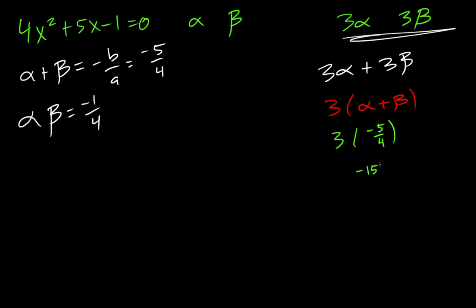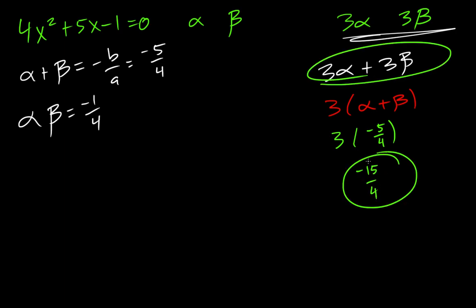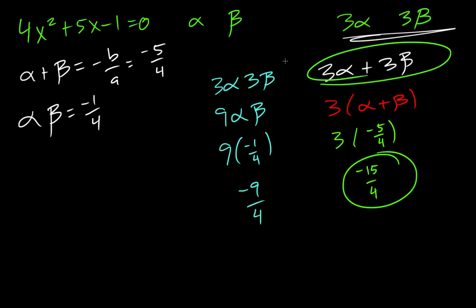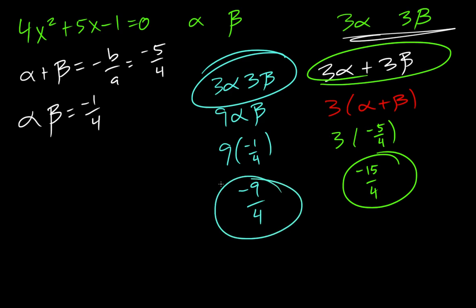So that's negative 15/4 for this. And multiplication, if we do something similar, do 3 alpha times 3 beta. We combine those, so it's 9 alpha beta. We know what alpha times beta is. Plug that in. So that's negative 9/4 for the multiplication.